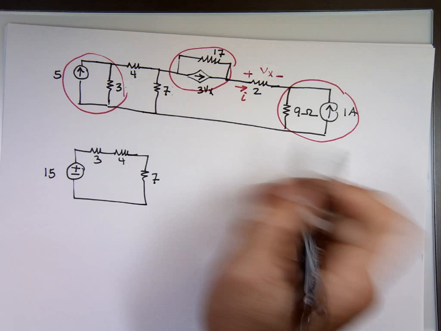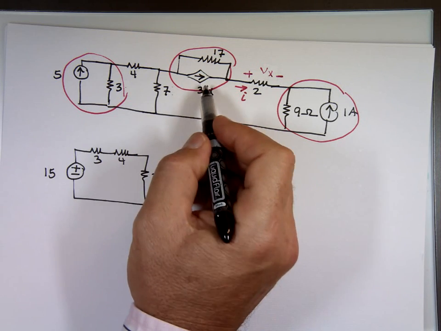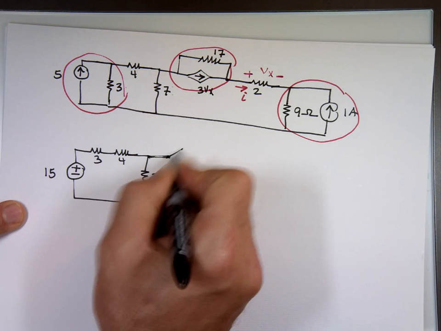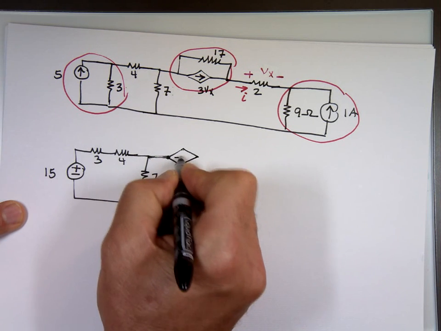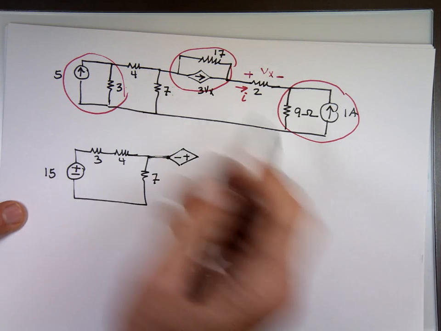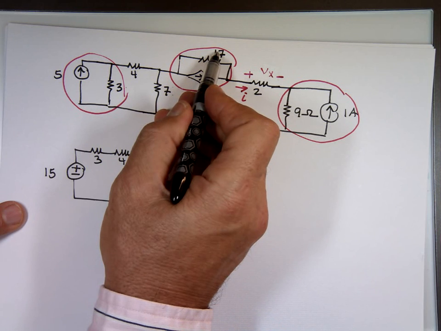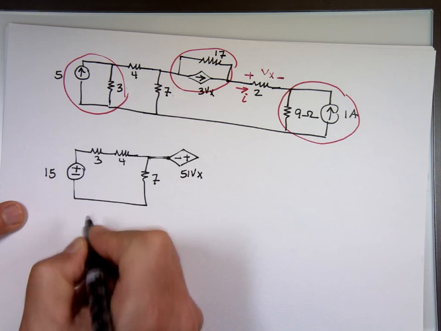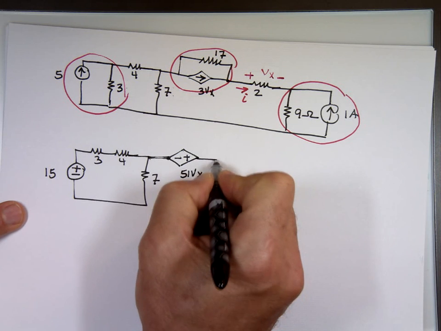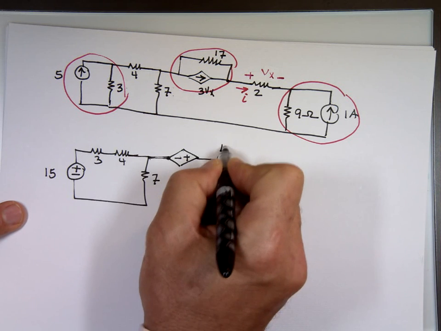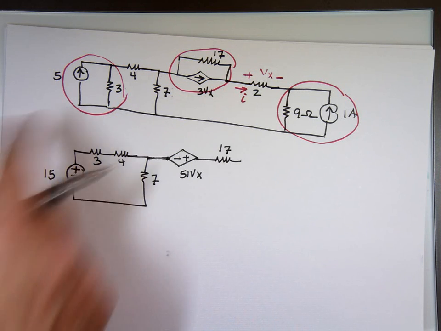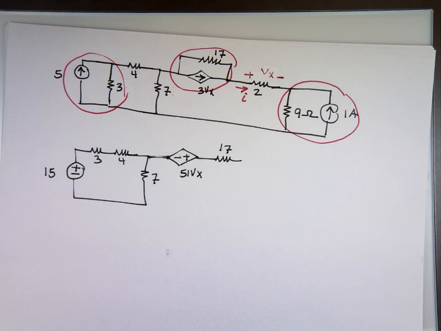If I do source transformation, you notice that's in parallel. It's going to be a voltage source going to the right. It's going to be a dependent source. And what's the value of that? 3Vx times 17. Is that 51? With a 17 ohm resistor in series with it. So we take a current source in parallel with the resistor, replace it with a voltage source in series with the resistor.